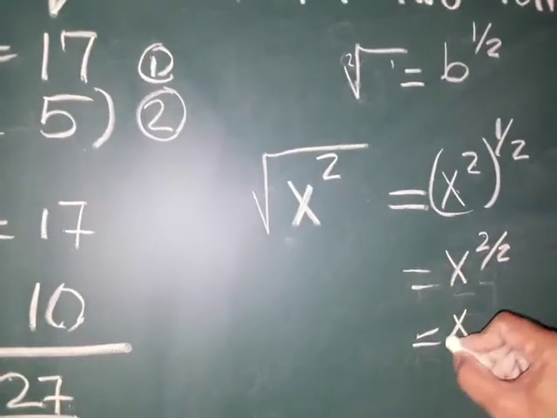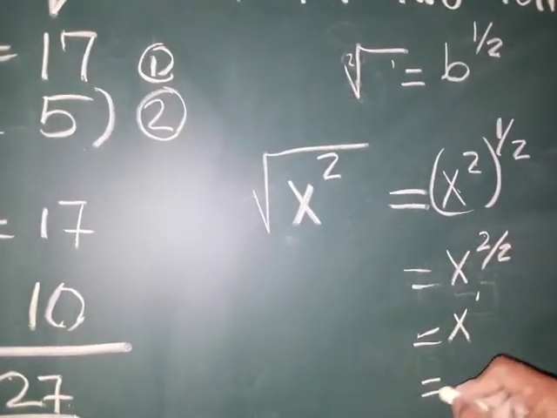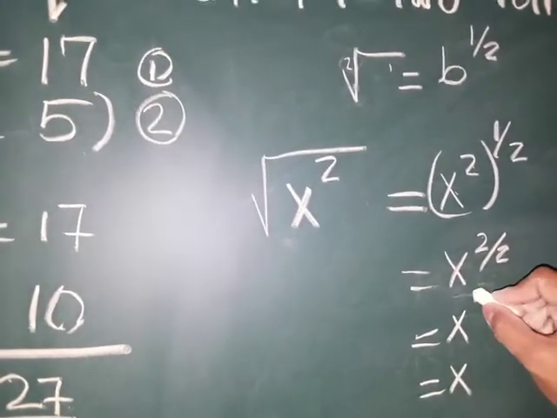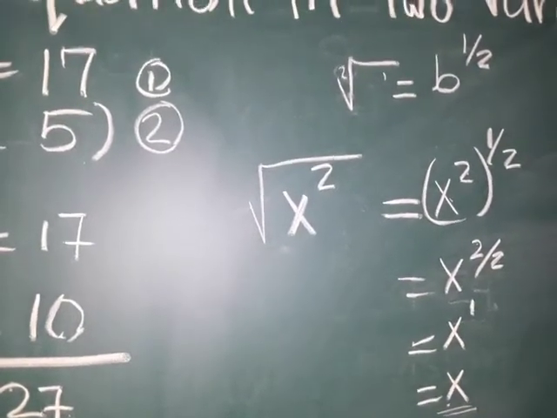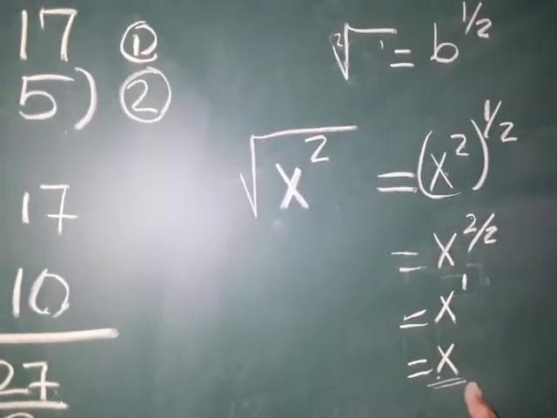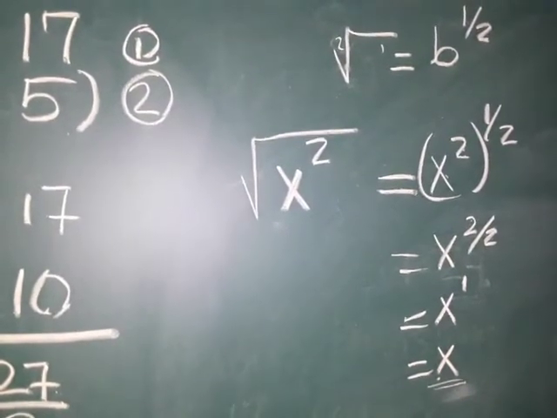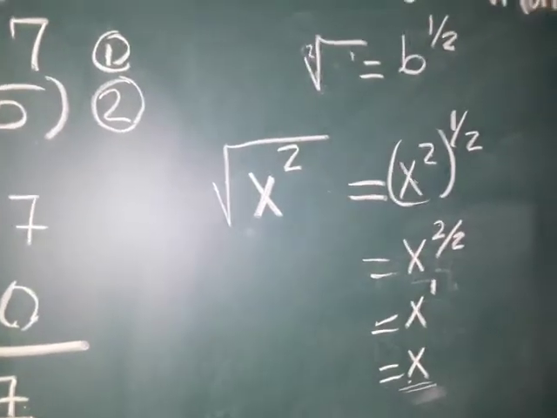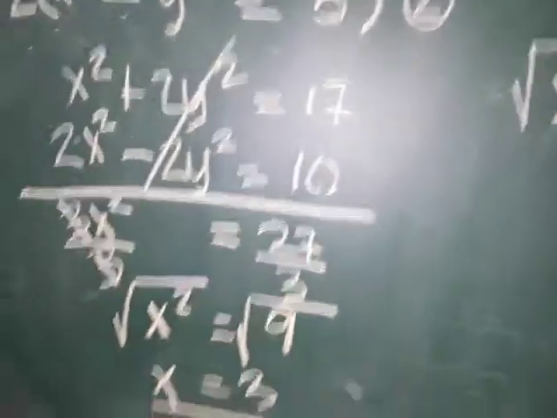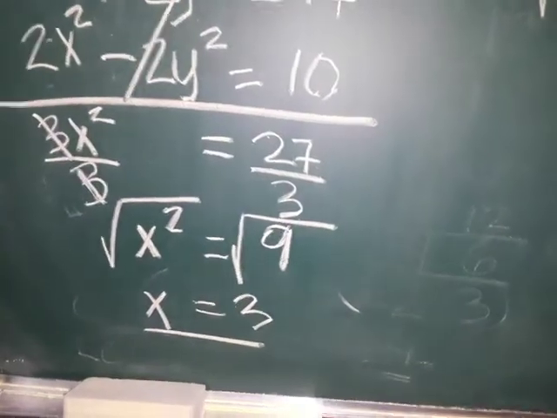So x raised to 1 is simply x, because any number raised to 1 is the number itself. That's how we get the value of x.